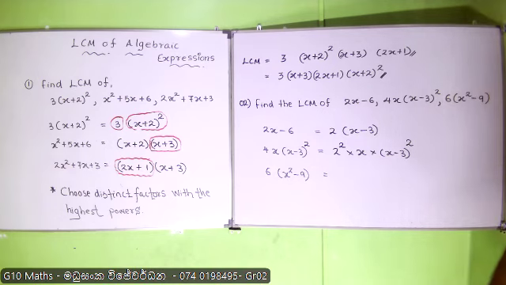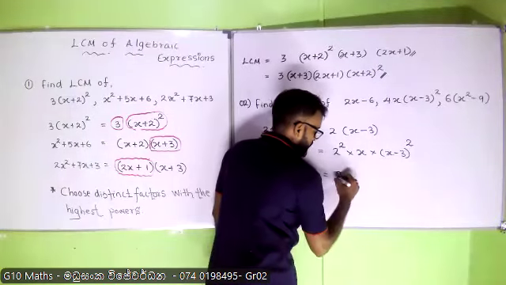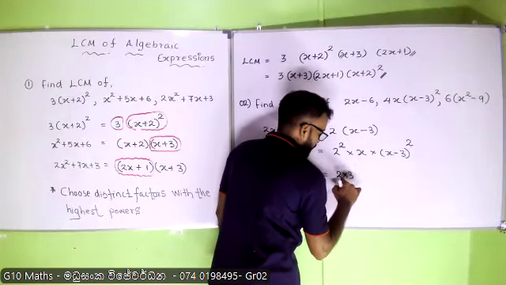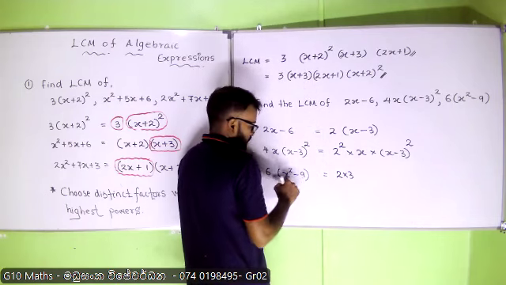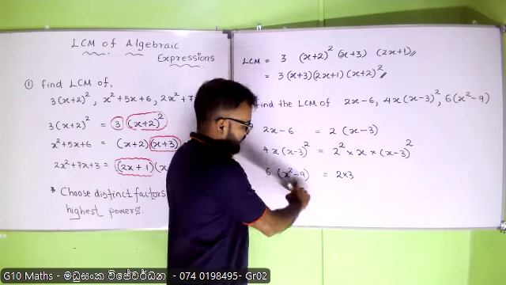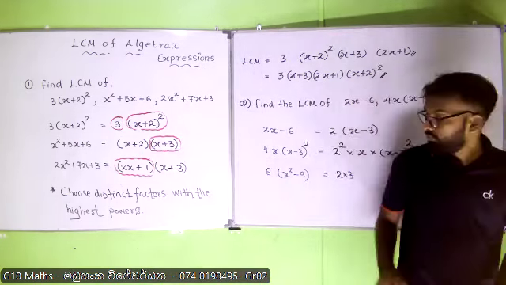I can't hear you. 2 times 3, yes. So the 6 can be written as 2 times 3. Right? So this one, what is the factorization of this?